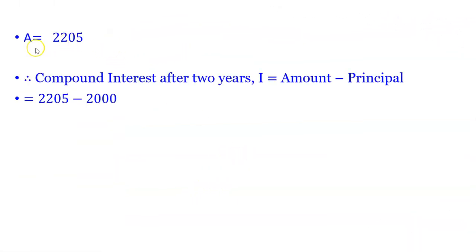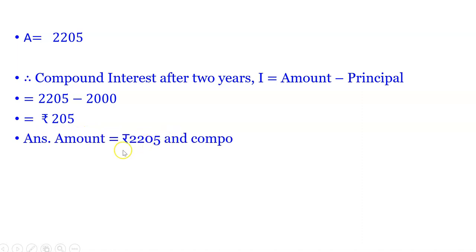Now here A is equal to 2205. Therefore the compound interest after 2 years, I, is equal to amount minus principal, that is 2205 minus 2000, and therefore the compound interest is 205. Therefore the amount is 2205 and the compound interest is 205.